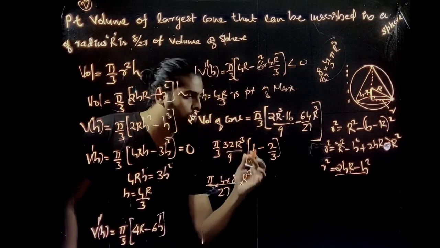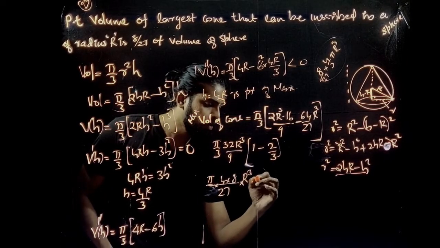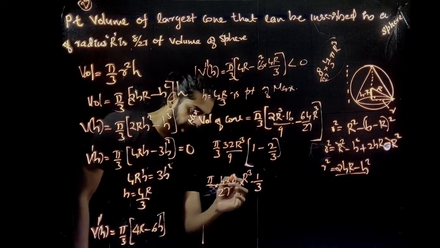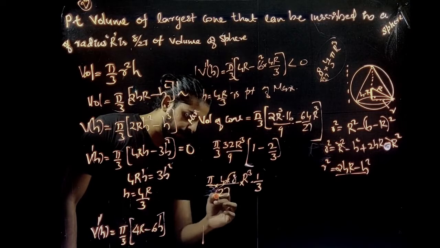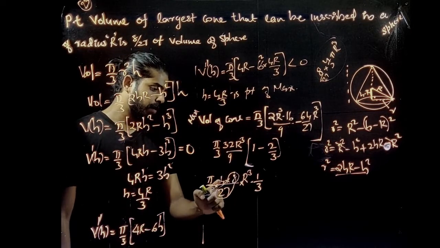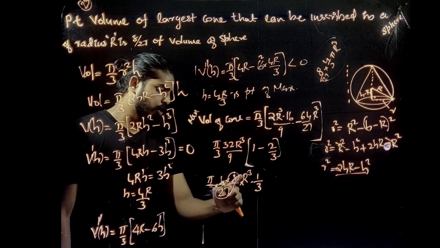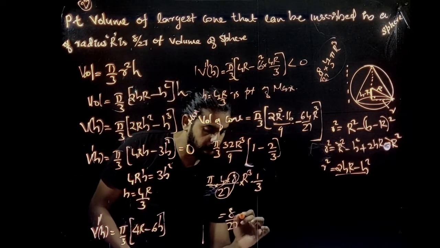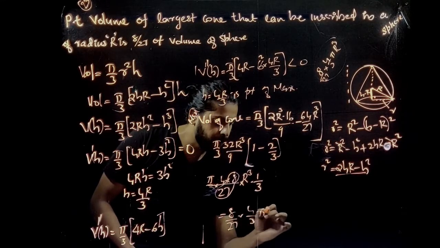R cube into 1 minus 2 by 3, which is equal to 1 by 3. So if we keep 8 by 27 aside, 8 by 27 into 4 by 3 pi r cube.